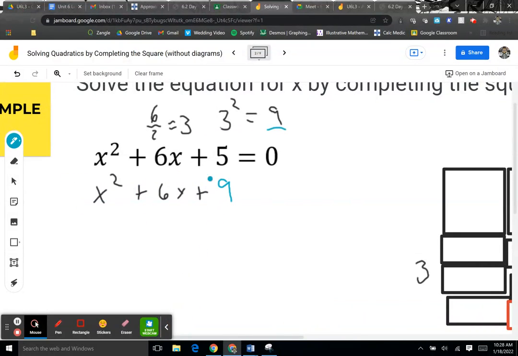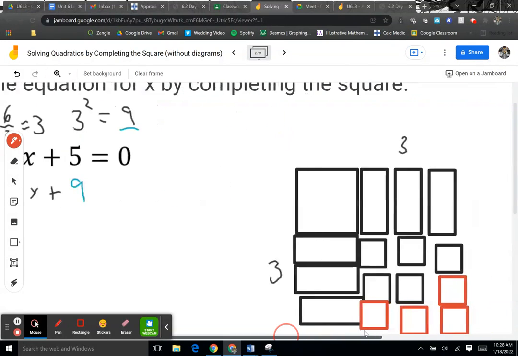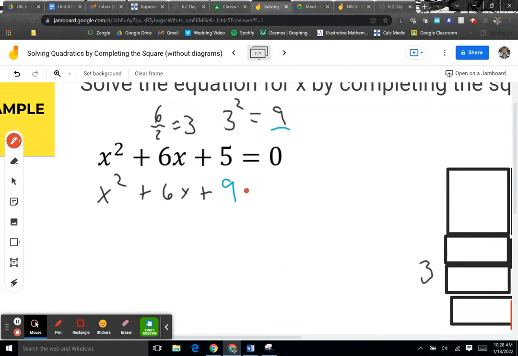The only thing is we've now changed the equation, so we have to think, how do we get back to the original equation? Well, we technically have 4 squares that aren't really there, so we're subtracting 4. And this makes sense because 9 minus 4 gets us back to 5. So we really now haven't changed the equation. These equations are the same thing. And this is still equal to 0.